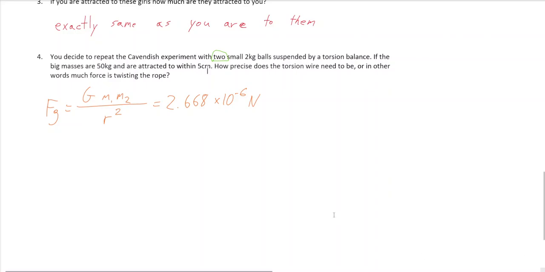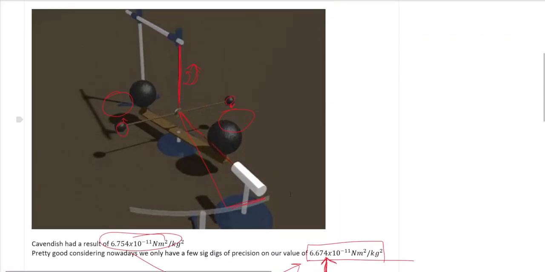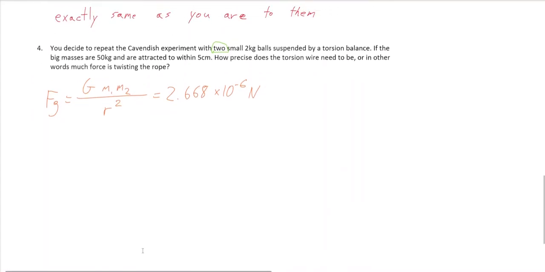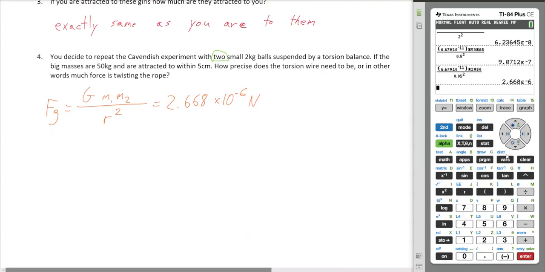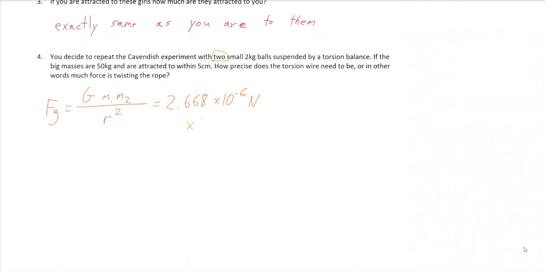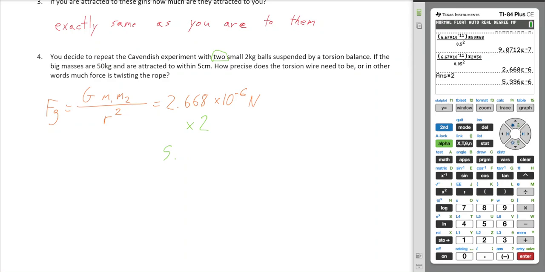So let's go up. Notice that there's a force here in green, right? And there's a force here in green. So the forces are actually being doubled. So be very careful about that. Very careful because the forces are doubled. So we're going to times by 2. So times by 2, we get 5.336.